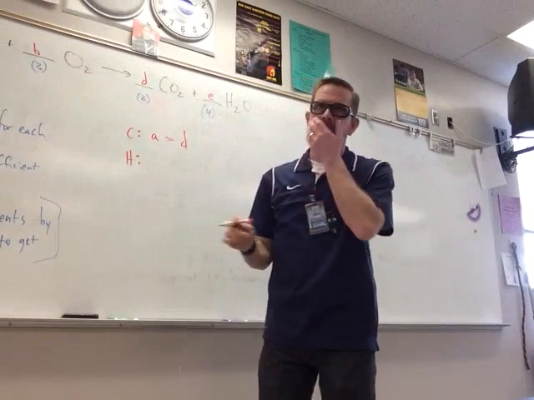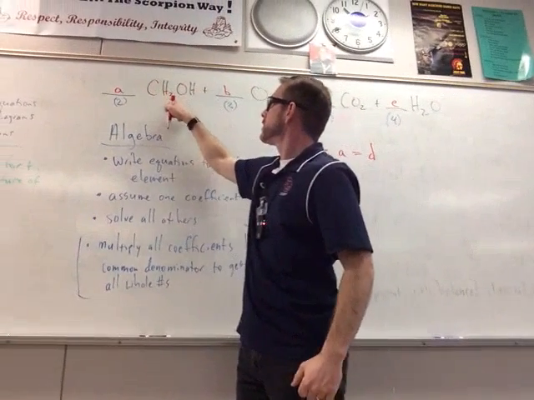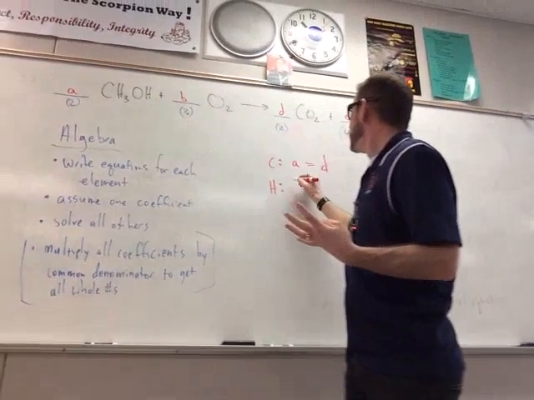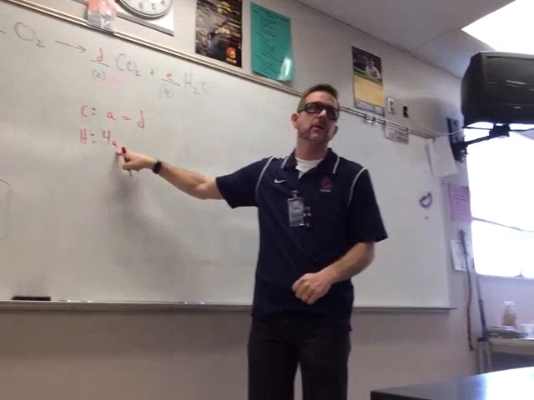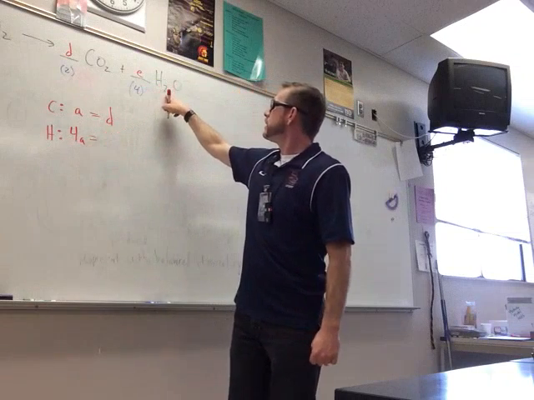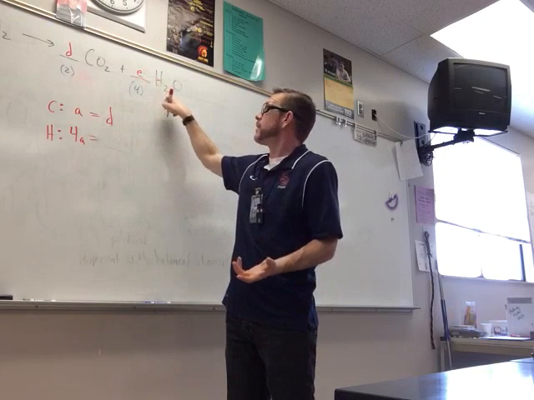For hydrogen, each one of these particles has 4 hydrogen atoms in it. So I need 4 hydrogen atoms for each one of those particles on the left. On the right, each one of these particles has 2, so if E is 3, then that would be 6 particles.